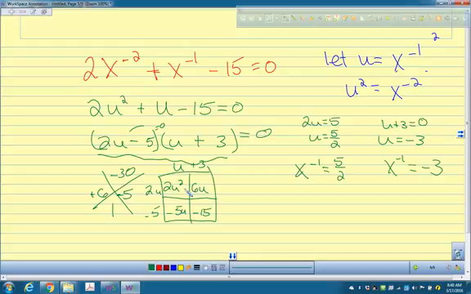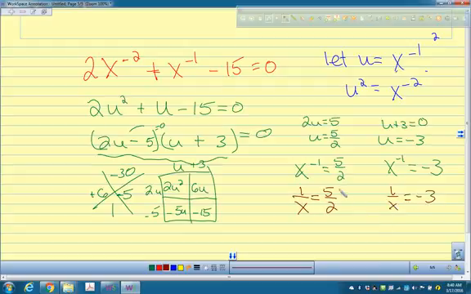How can I rewrite x to the negative 1? 1 over x equals 5 halves, okay, and 1 over x equals negative 3.